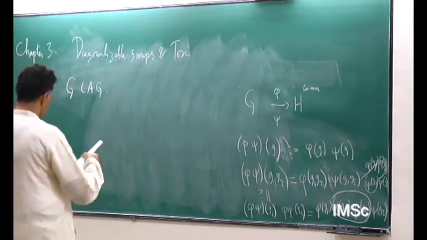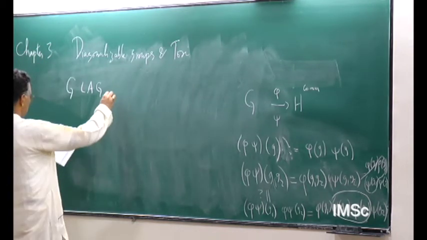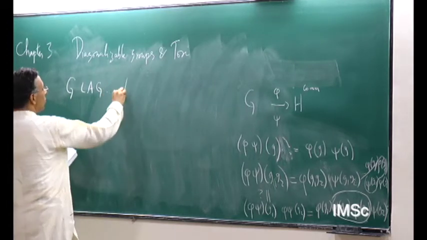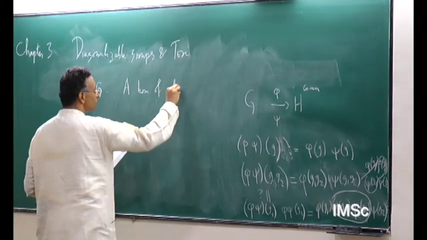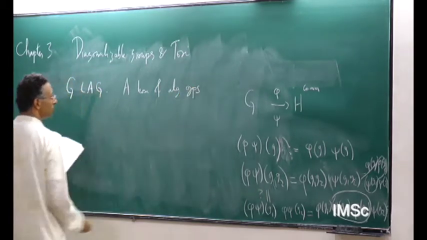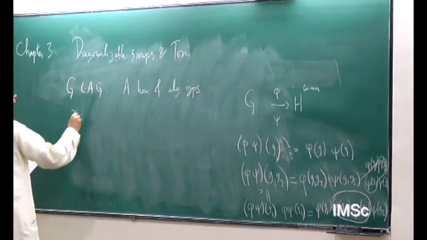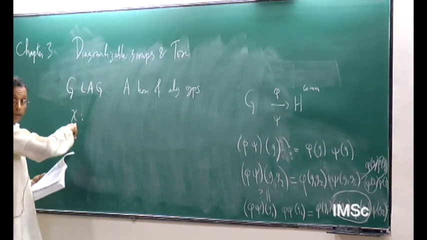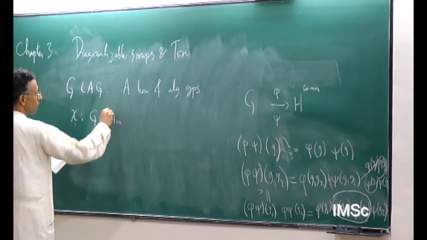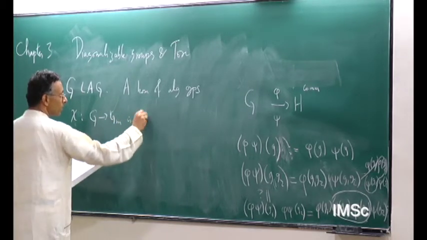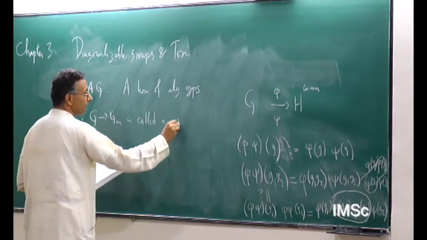Okay? So with that introduction we will say, a homomorphism of algebraic groups chi, this notation is standard, G to GM, is called a rational character.